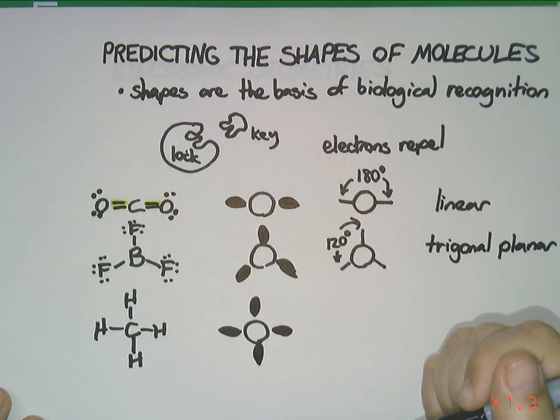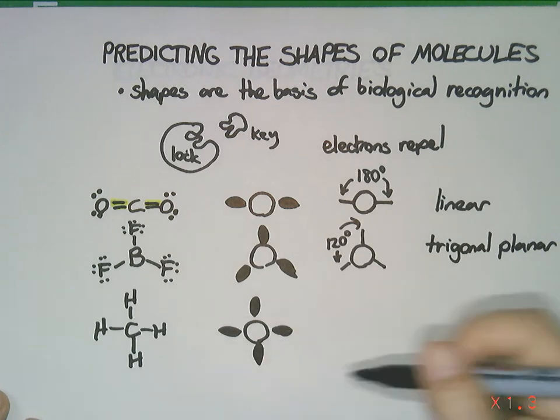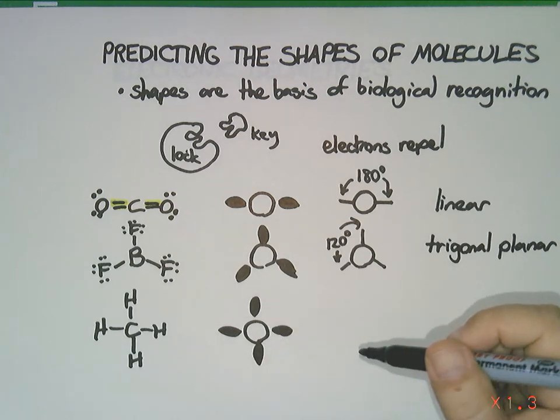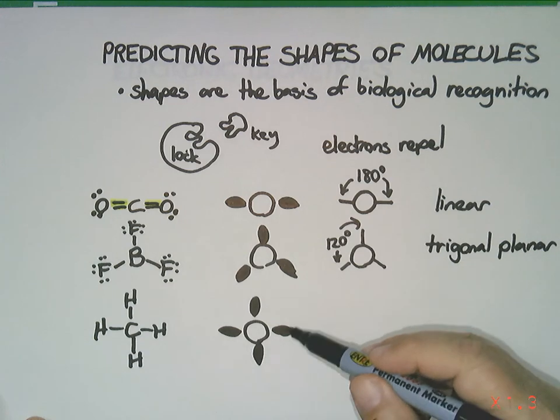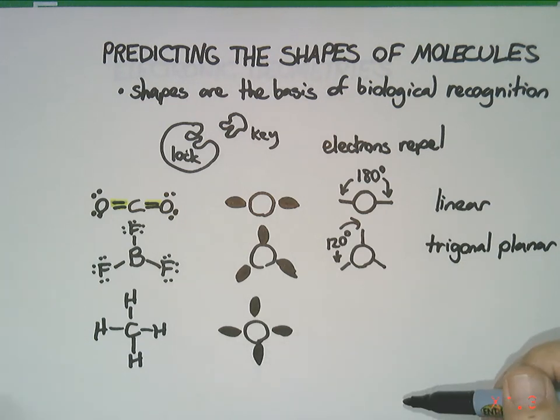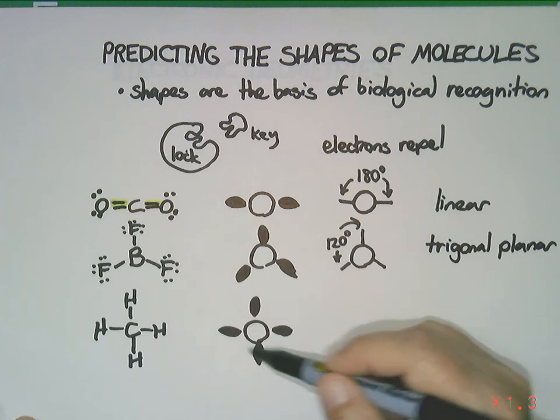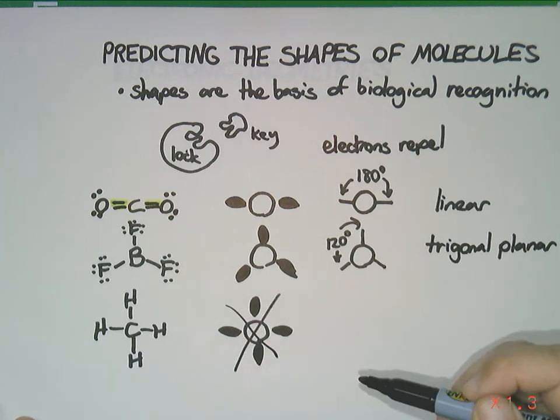Now, is that the way that I can arrange them so that they're as far apart as possible? Not really. If I allow these two to bend up out of the plane, they can be farther away from each other. So this is not the best arrangement that I have right here.